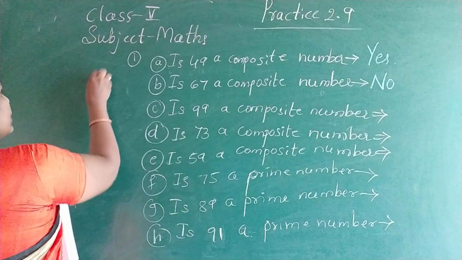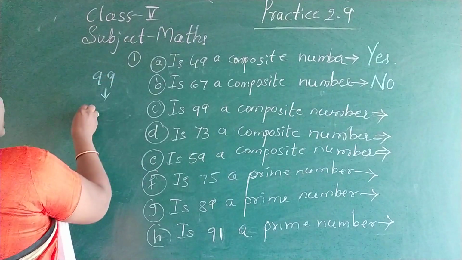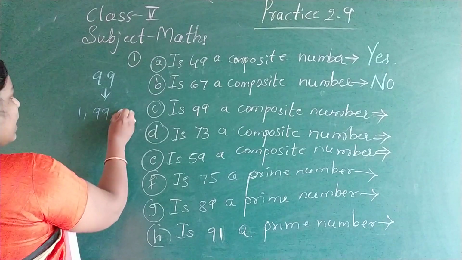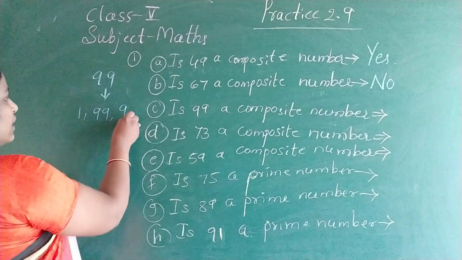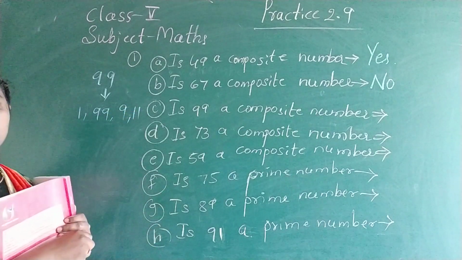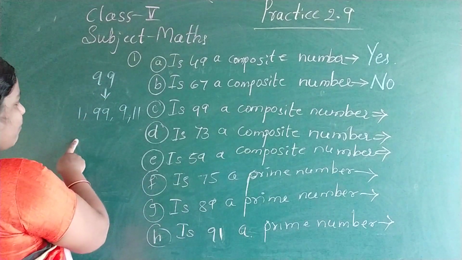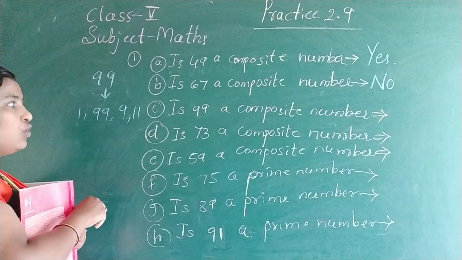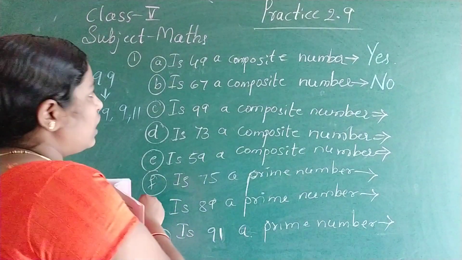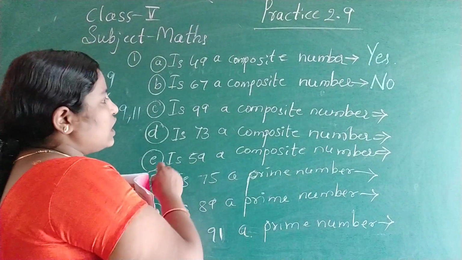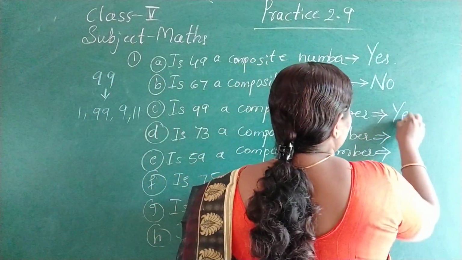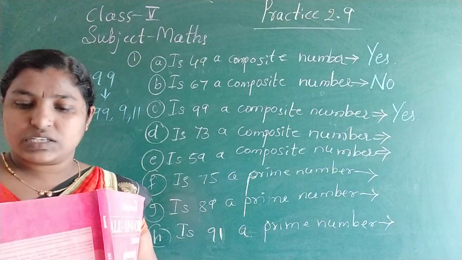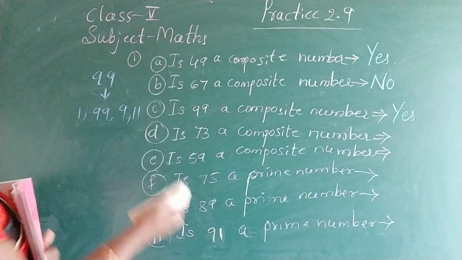See, 99 is in which table? 1 times 99 is 99, 11 times 9 is 99. So 99 has factors 1, 99, 9, 11. So 99 is a composite number. Yes, because it has more than 2 factors. Got it?